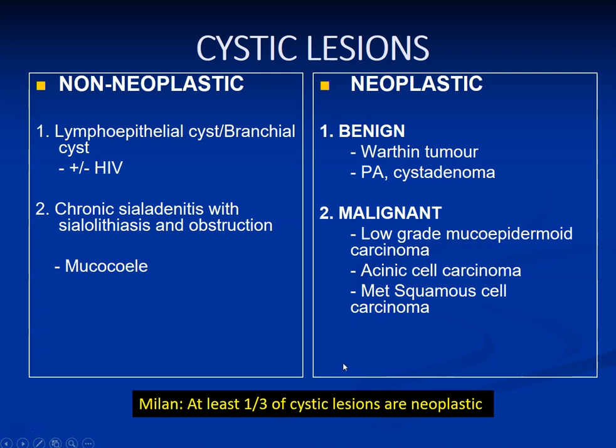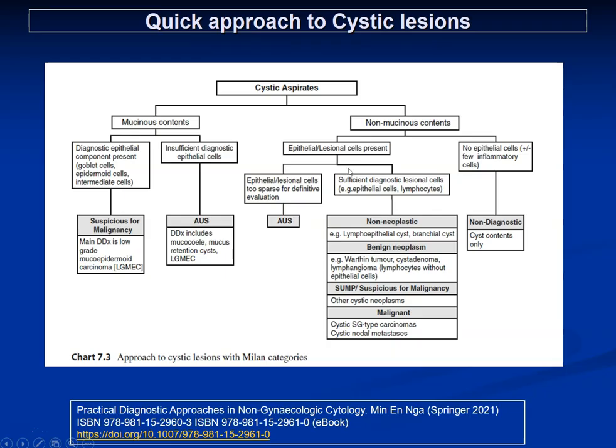And it's important to note that perhaps unlike other organs like the thyroid, at least 1/3 of cystic lesions in salivary glands are neoplastic. Many of them will actually be benign, particularly Warthin tumor, but it is important to note that they may be neoplastic.